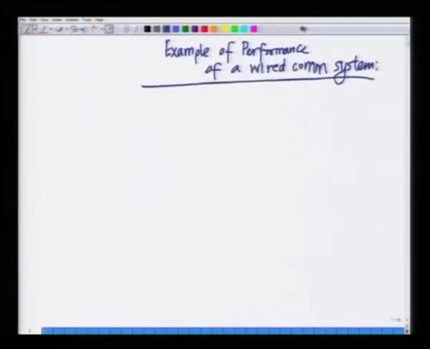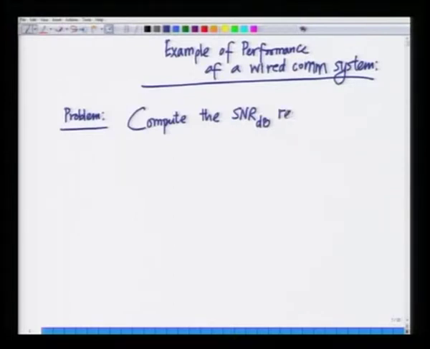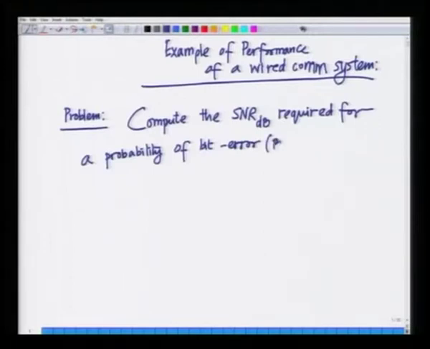The problem is to compute the SNR in dB required for a probability of bit error, that is bit error rate, equal to 10 power minus 6.